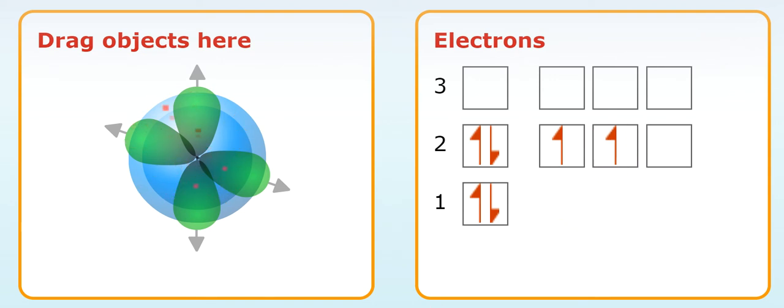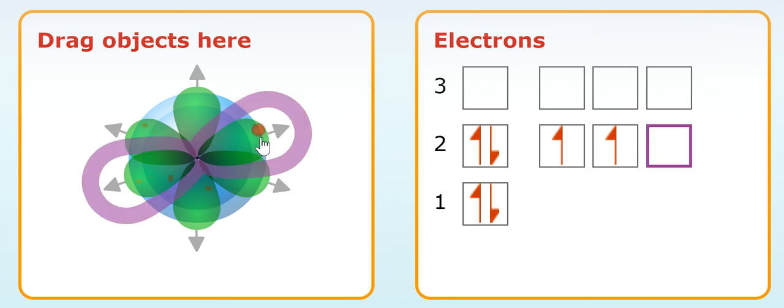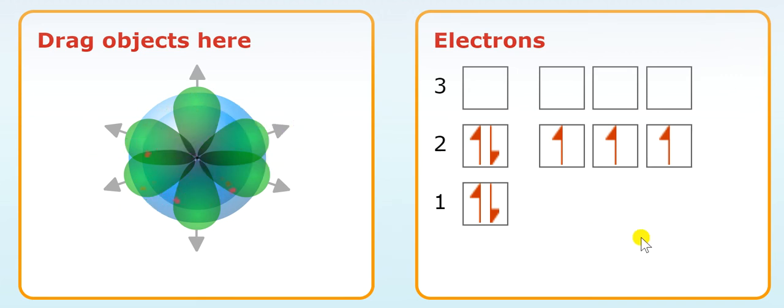I'm going to have to add the third 2p orbital. We're going to add an electron to that p orbital that we just added. And you guessed it, an up arrow appeared in this third box of our clump of 2p orbitals.